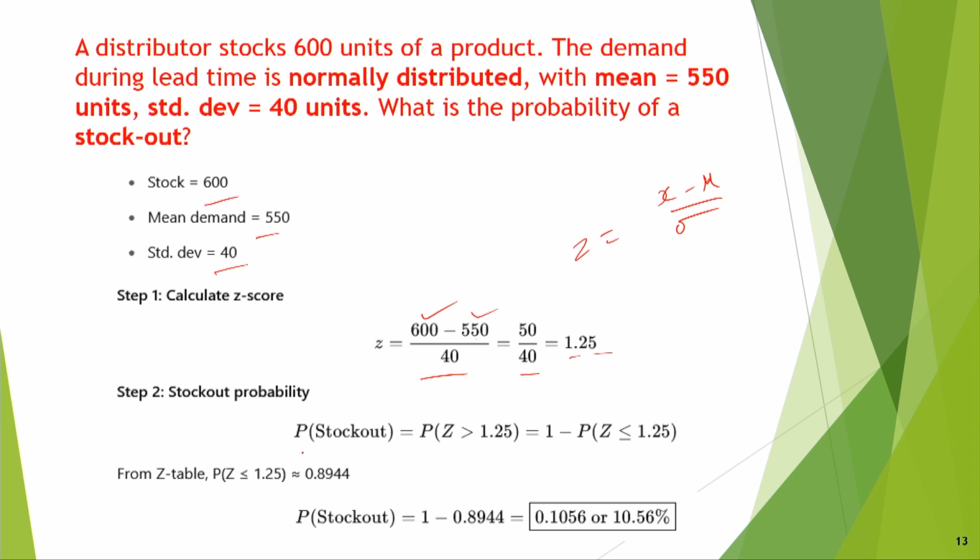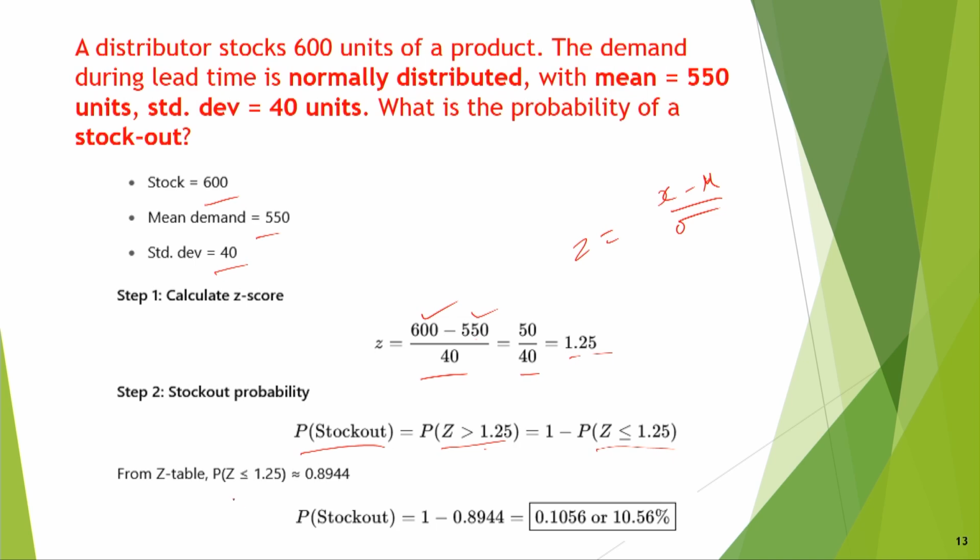So, the probability of stock out will be P(Z greater than 1.25). This can be written as 1 minus P(Z smaller than or equal to 1.25).